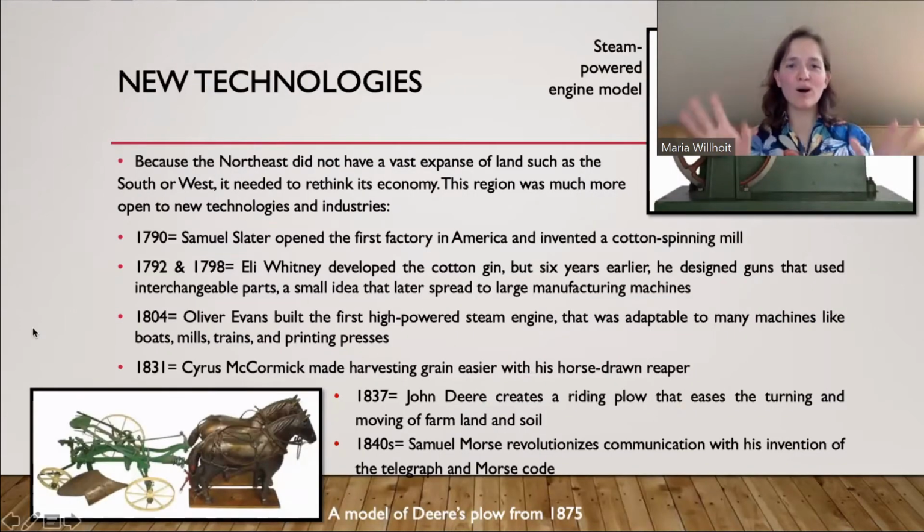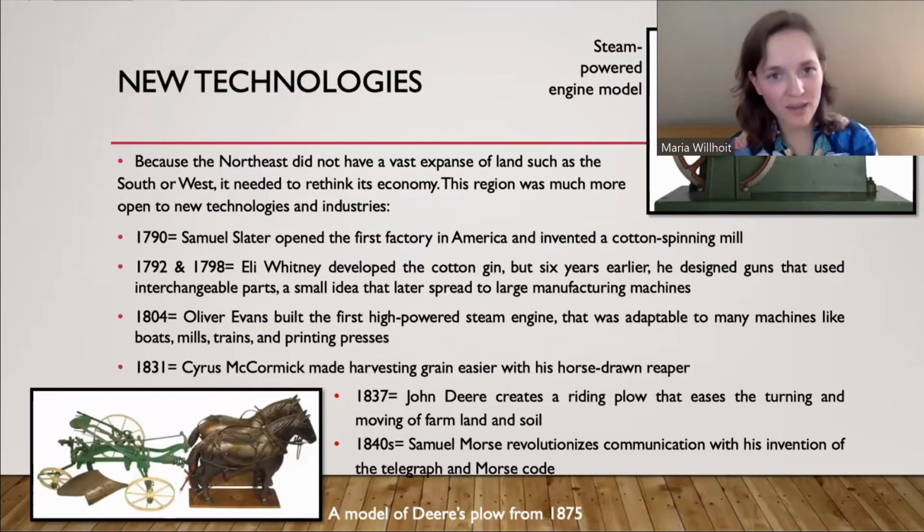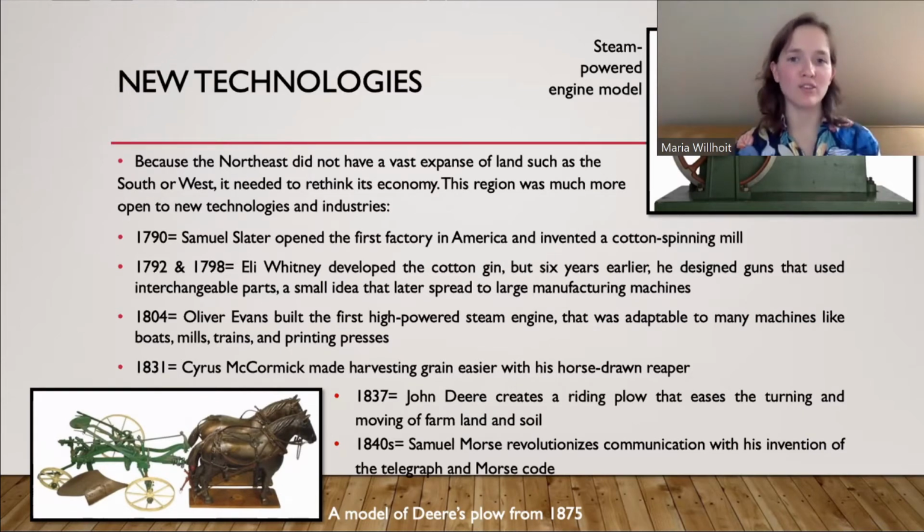So, along with our waves of industry and our waves of immigration, we have burgeoning new technologies. We start to have this period of new ideas and new technologies that we're open to. And it is coming a lot from the Northeast.